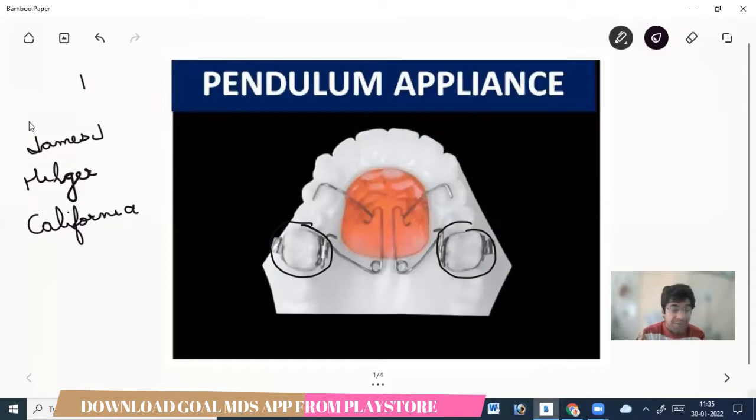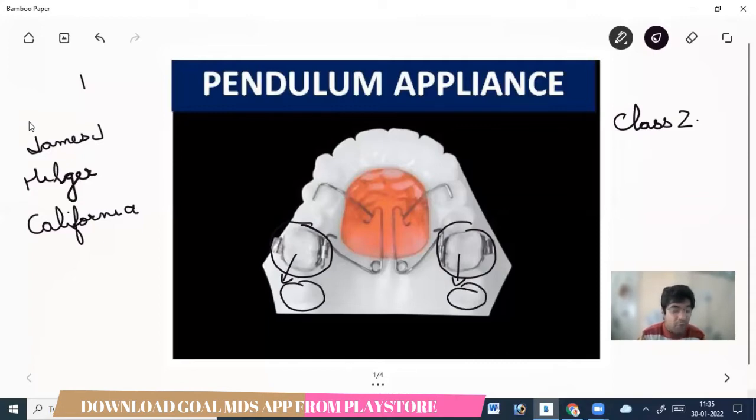So what you see is it is an excellent technique to correct class 2 malocclusion without resort to extraction. So remember, this distalization is more efficient before the upper second molar has erupted.